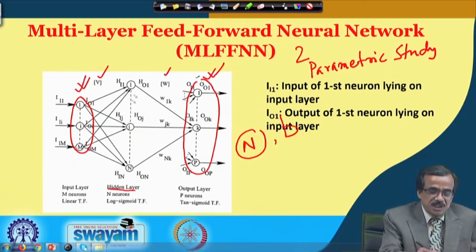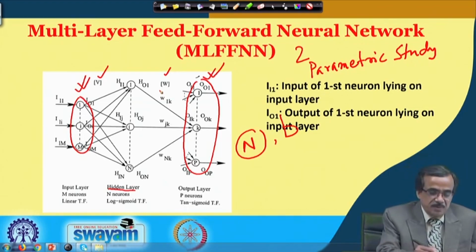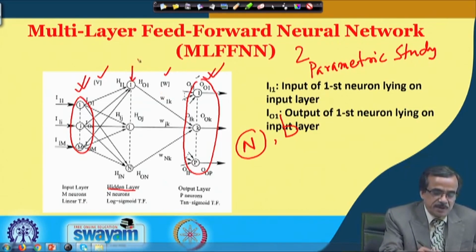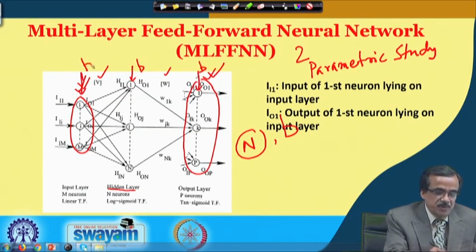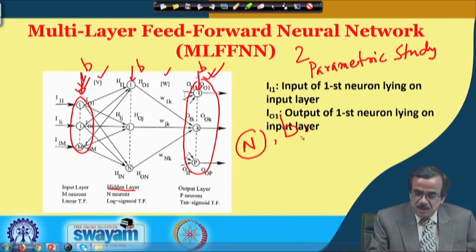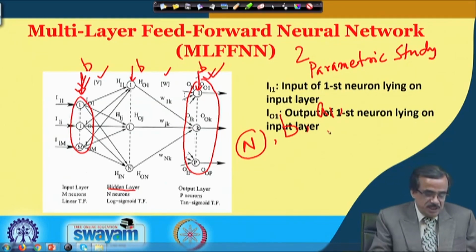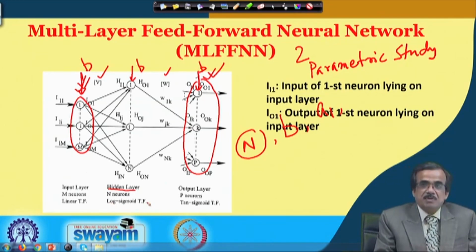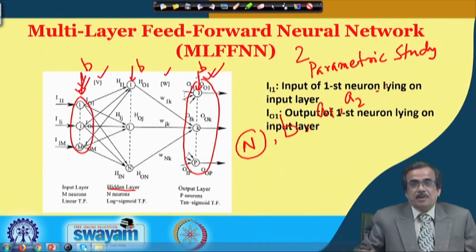For simplicity we have not shown the bias value, but it depends on the bias value. If you want to put the bias value, we will have to put it here. It depends on the coefficient of the transfer function, that is A1, that means this log-sigmoid transfer function. It also depends on the coefficient of the transfer function of the output layer, that is A2, and so on.